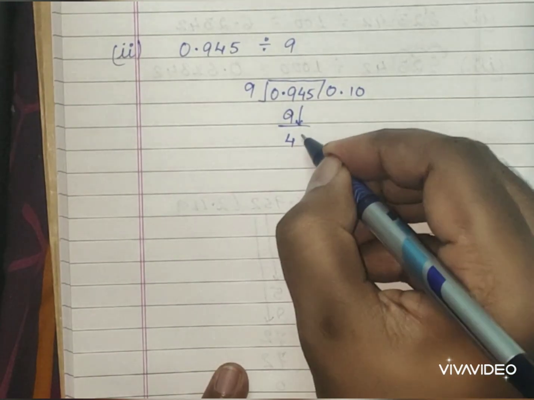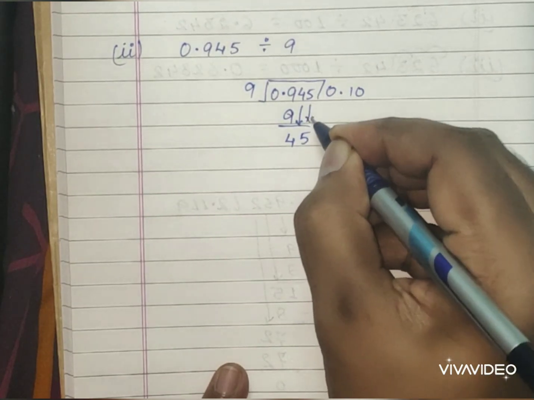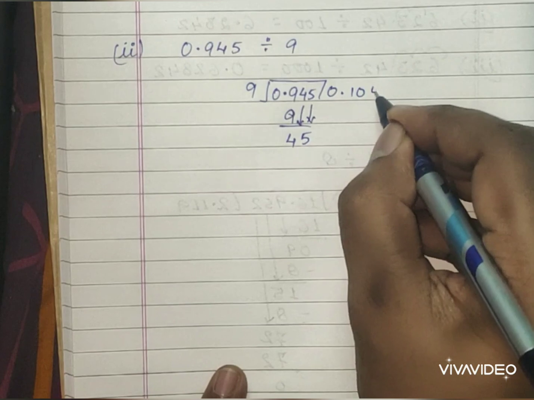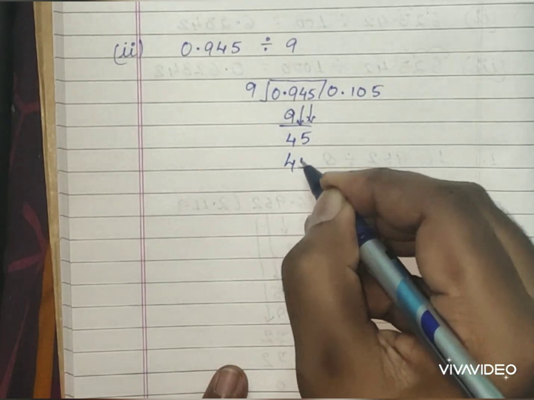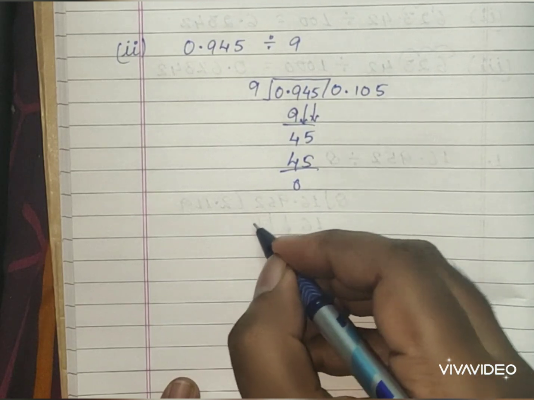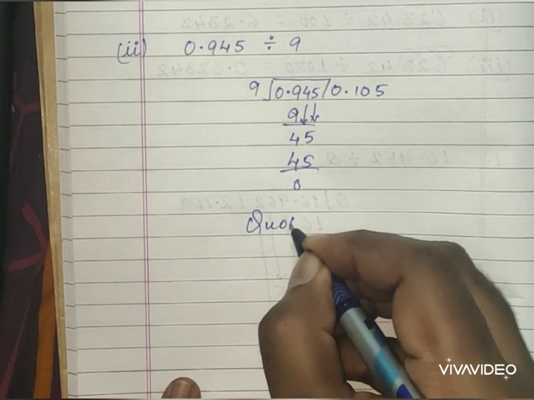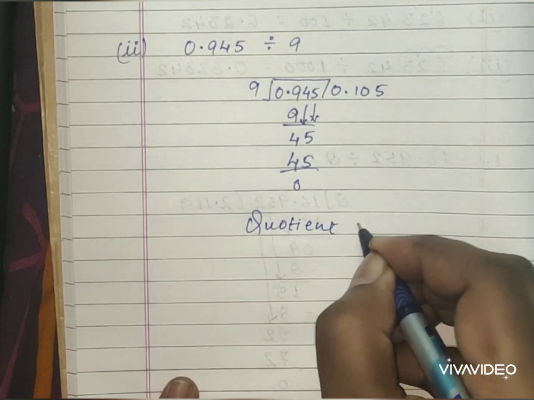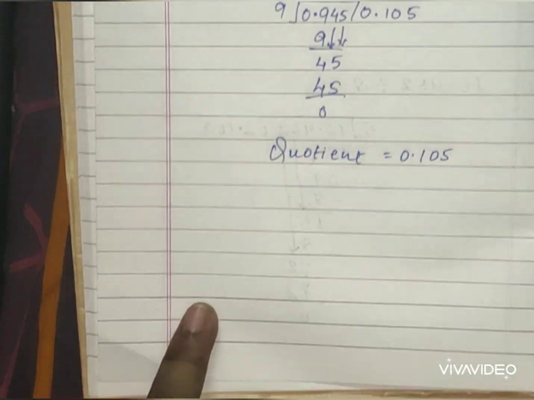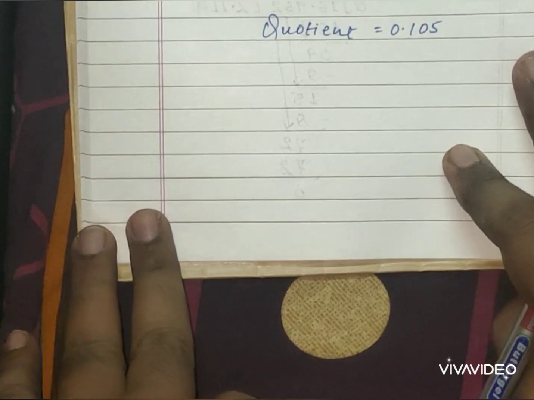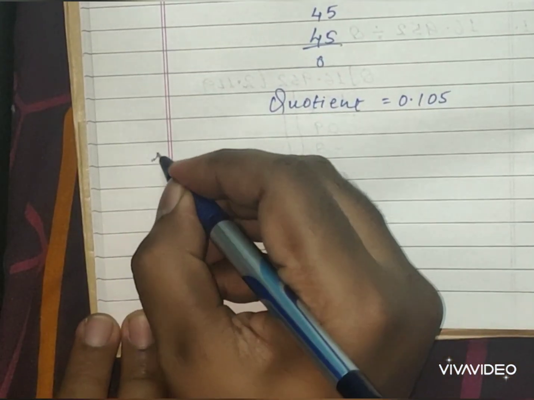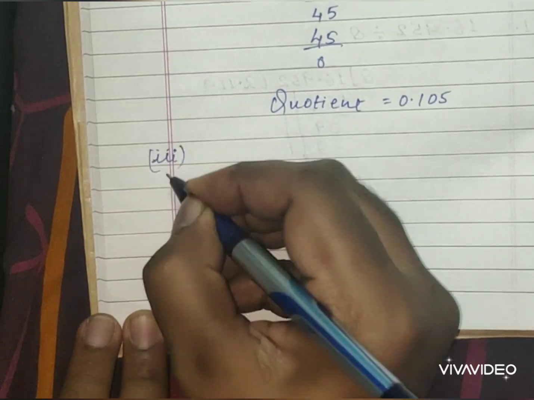Then we will put 5 down. So now this is 45 and 9 5s is 45. So it is divided, and your quotient is 0.105.